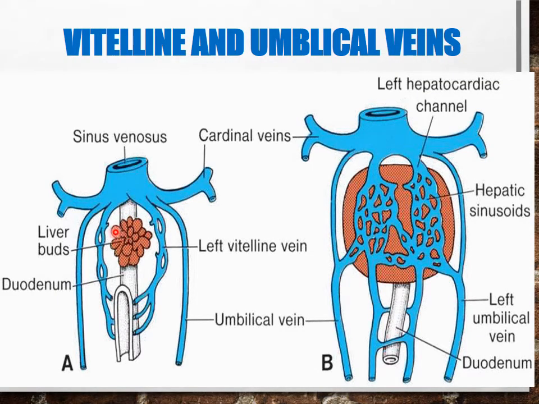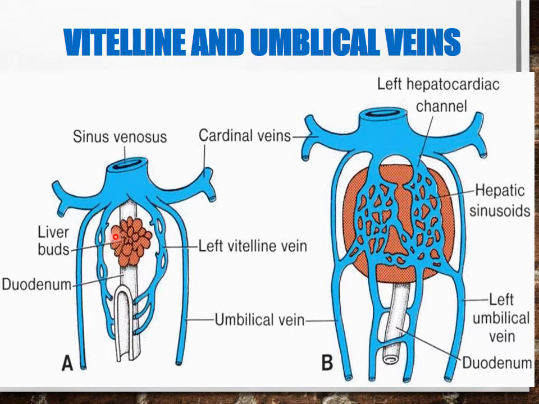This is the hepatic bud area. So actually this gives you the clue that the area behind this diverticulum is the area of the gut which is the duodenum, the developing duodenum. The right umbilical vein and the vitelline vein, you can see here, these are the umbilical veins and these inner ones are the vitelline veins.